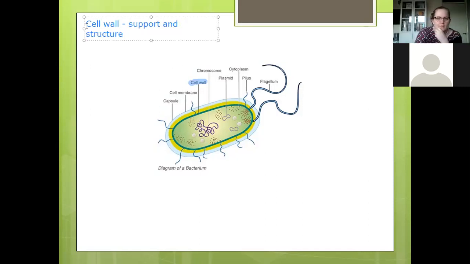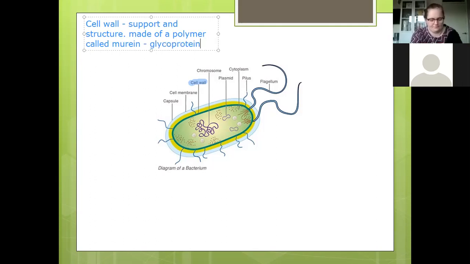It's made of a polymer called murine, and I always have to double check how to spell this. Murine is a glycoprotein, and a glycoprotein is a protein that has a carbohydrate attached. So that is our cell wall.